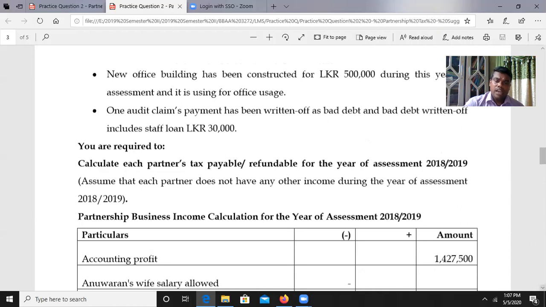So a basic idea is needed before starting the calculation. The first thing you have to think about is that partnership tax should be paid by the partners. They have to share it according to their profit sharing ratio. First, for the partnership tax calculation, we should calculate the partnership assessable business income. Then we need to calculate investment income.